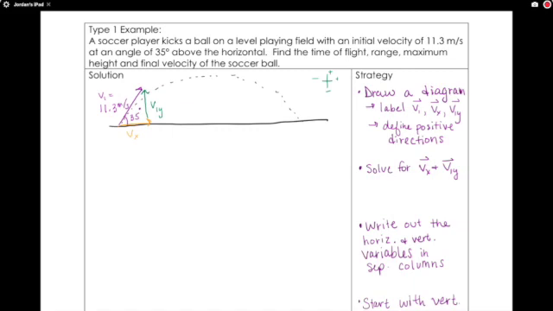Okay, so the next step that we're going to do is we're going to solve for Vx and Vy. To solve for Vx and Vy, we're going to use the cosine and sine. So let me get my pen. First we'll start with Vx. Vx is adjacent to the angle of 35 degrees, so we're going to use cosine.